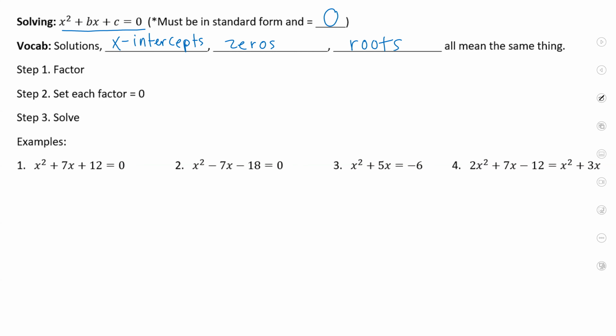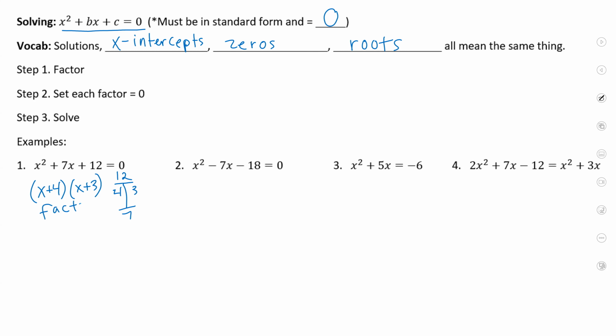And step 1 is to factor, which we just learned how to do. So guys, I believe we already did number 1. What were the two numbers that multiplied to 12 but added to 7? Yes, 4 and 3. So our factors were x plus 4 and x plus 3. So guys, these are my factors.